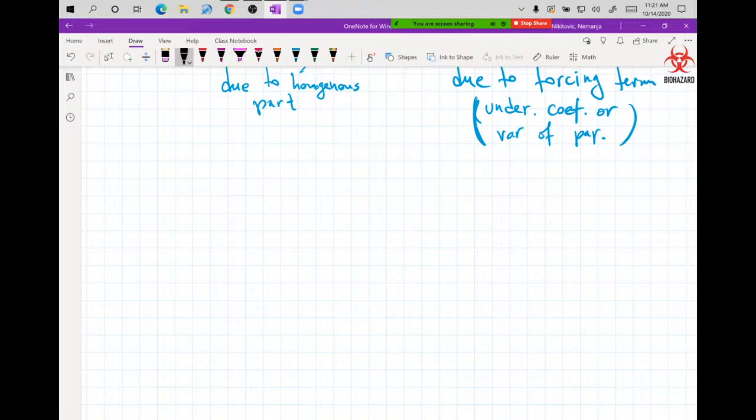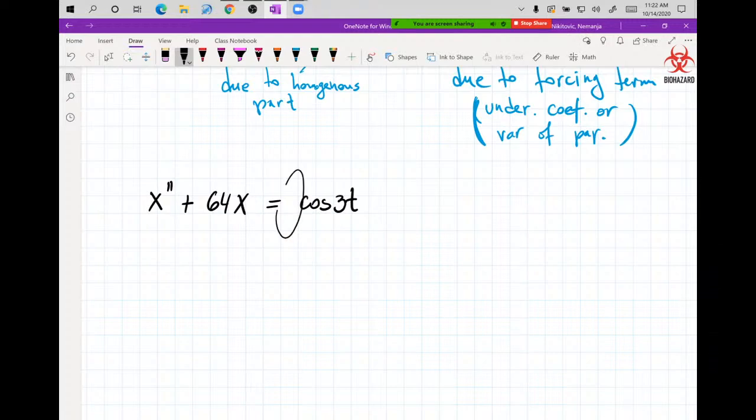So let's just have the most basic function you can think of. Let's go with x double prime plus 64x equals, and on this other side, I'm going to have a forcing term of cosine, let's say 3t.